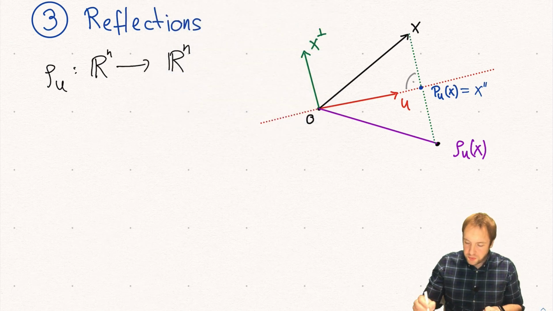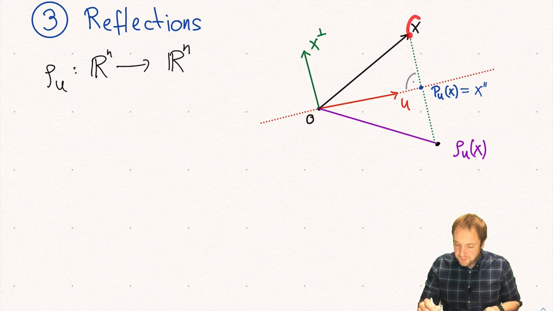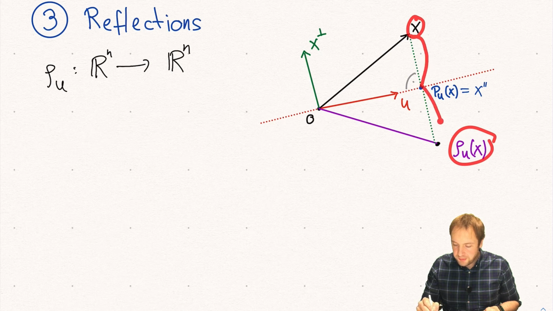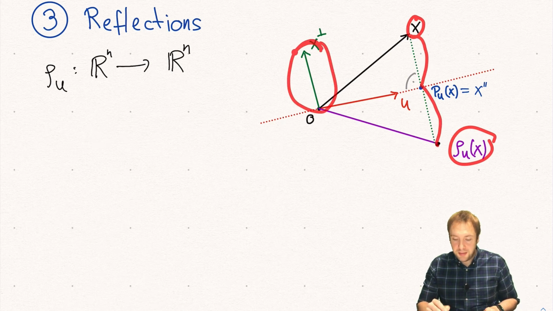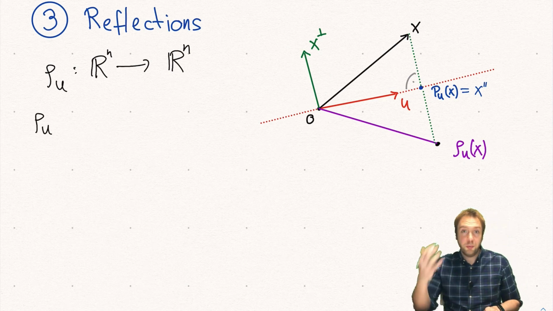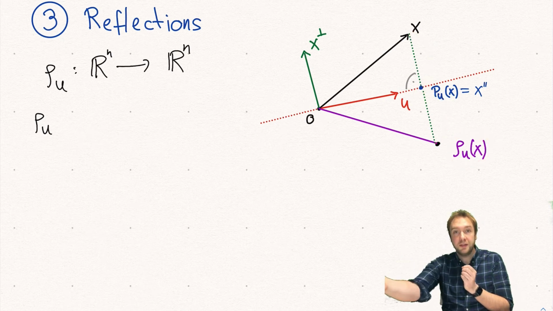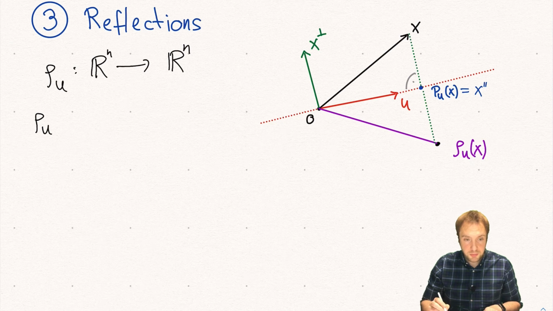And what we want now is from x to go here, so what we want to subtract from x is 2 times this x orthogonal, right? Because subtracting 1 times will go to the projection, and subtracting it another time will go to the other side of the line spanned by u.